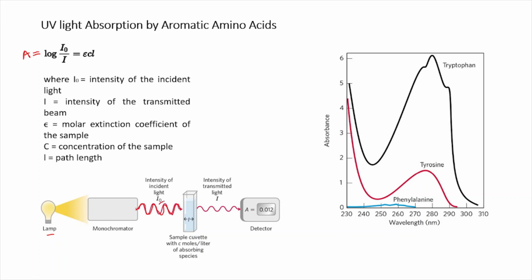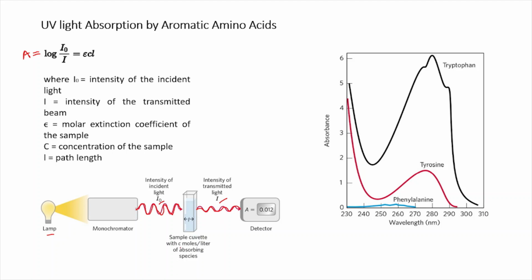When this light falls on the sample, a certain part of the light is absorbed and a certain part comes out from the sample. The intensity that comes out from the sample is designated as I. So the initial intensity falling on the sample is I naught, and the intensity of light coming out of the sample after absorption is I.